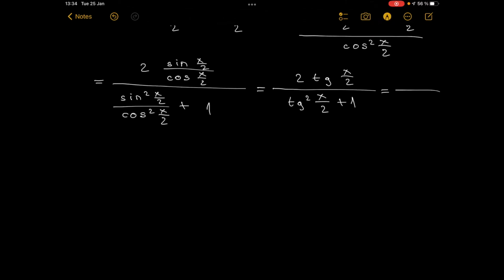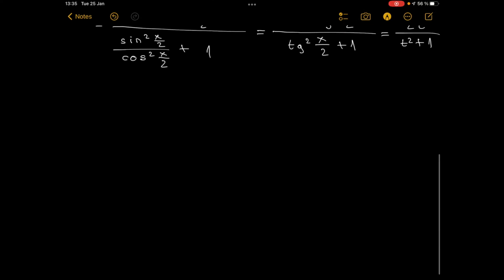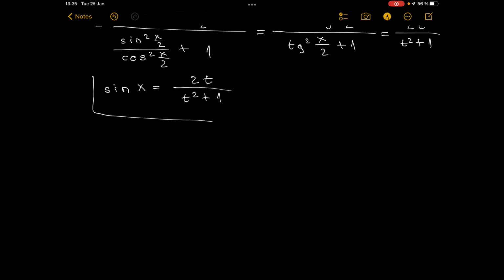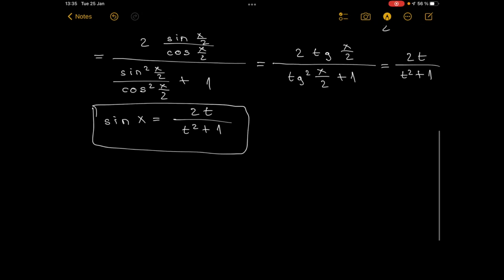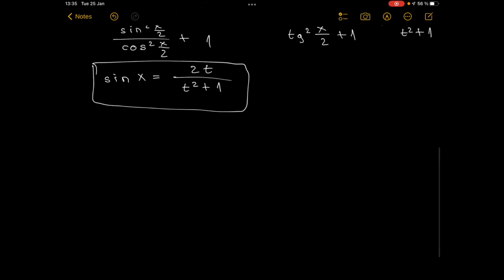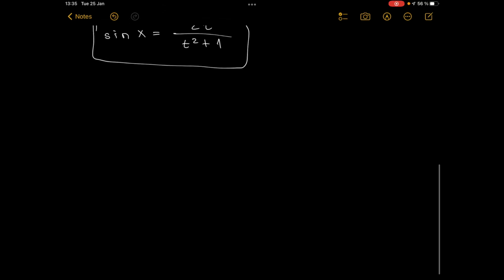So this is just 2t over t squared plus 1. In other words, when you're using this universal trigonometric substitution, the sine of x can be rewritten as 2t over t squared plus 1. And this is always true when using this substitution.